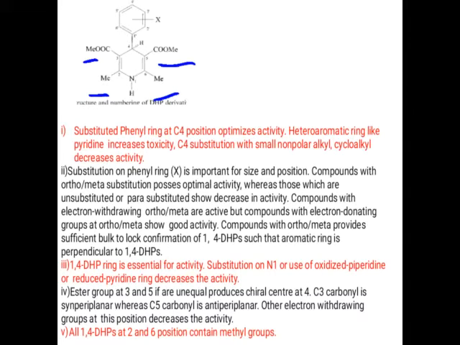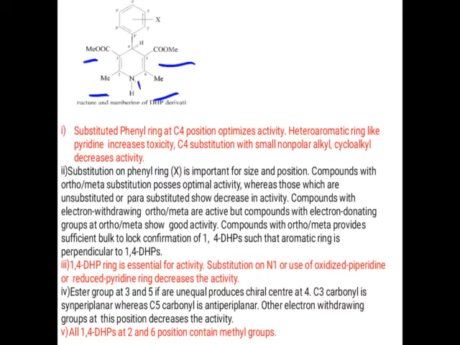So this is an important part for the exam. Most of the time, for 3 marks, they ask you to give the structure activity relationship of the dihydropyridine derivatives, which come under the class of calcium channel blockers. For that, this is the lead molecule. You can see this is the general structure of dihydropyridine.